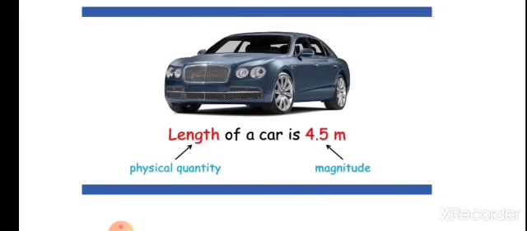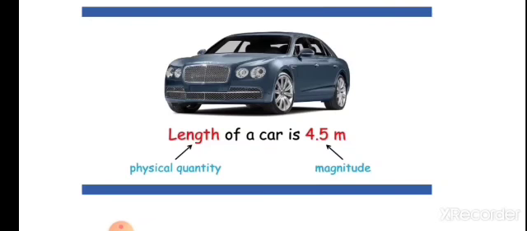A physical quantity having magnitude only and no specified direction is called a scalar quantity. Examples: mass, length, temperature are some of the examples of scalar quantities.